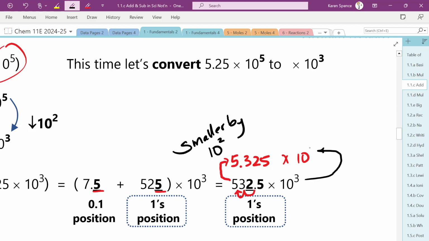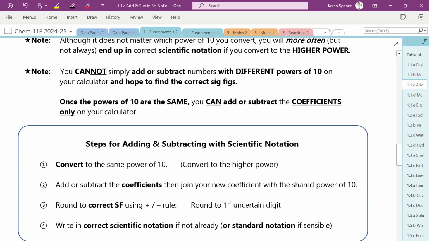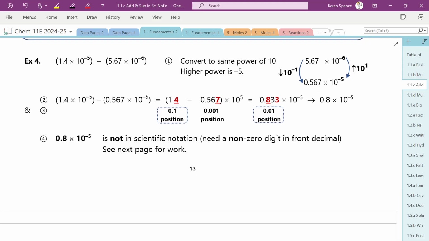So it's going to be times 10 to the 5. Okay? So there we are. All your steps are there. There's another example if you want to go through it.